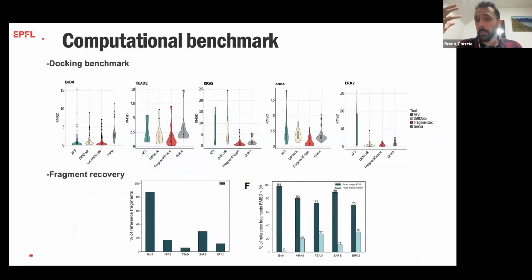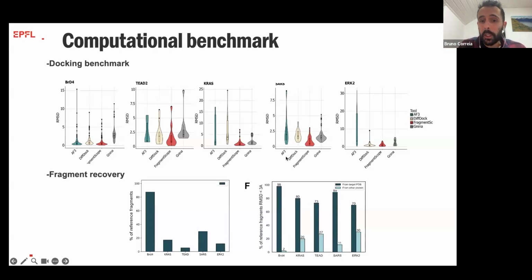Then once we do that, we try to ask the question, well, docking fragments, because of their low molecular weight, is actually a hard task. So can we actually now see how fragment scope in fact does this? And what we can see here is that compared to other approaches, it at least does as well as other approaches, which again, please also remember that this particular comparison is a difficult one, mostly because many of these other algorithms, in fact, have seen every kind of structure that exists in the PDB, while we're just showing different fragments to the network.